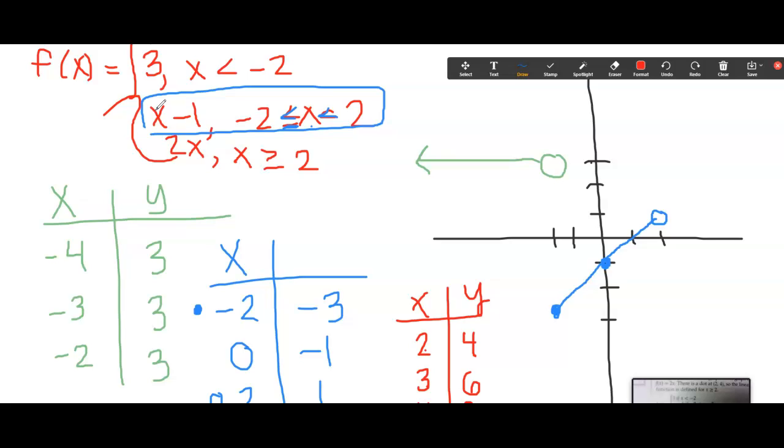At 2 on this equation, it's included, so it's going to get a closed circle. And this time it's continuing infinitely, so it gets a closed circle with an arrow.